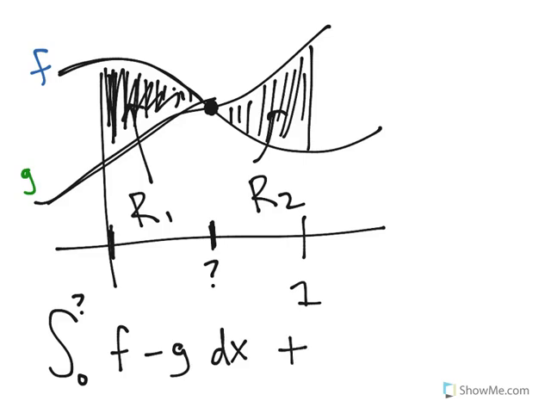Okay. Now, we also need a second integral, and that would go from that point up to 1. And now in that second interval, that second region over there, g is higher than f. So technically, we would need g minus f dx, or if we didn't know that, we could do f minus g and take the absolute value.